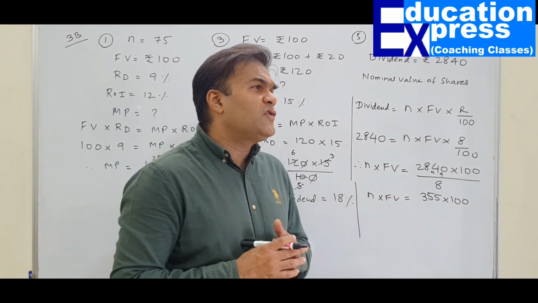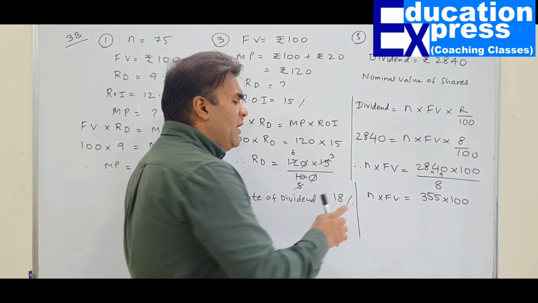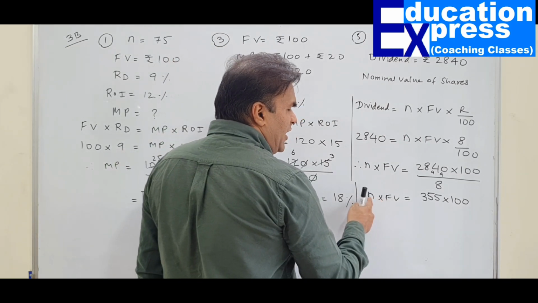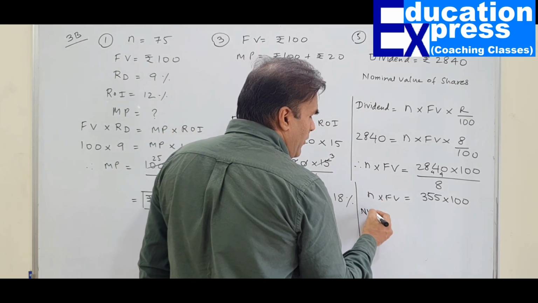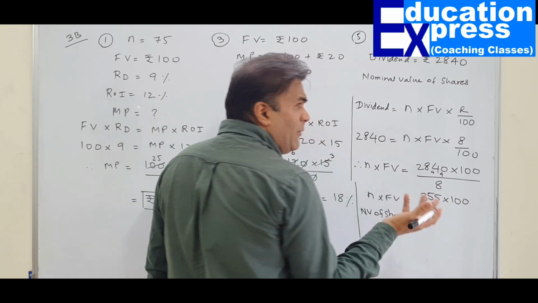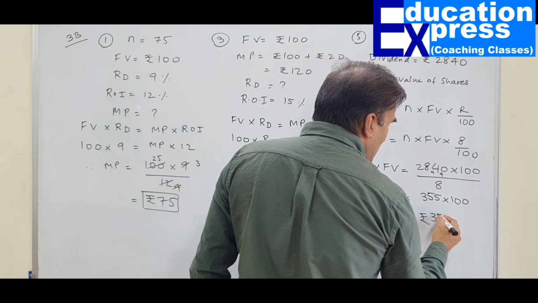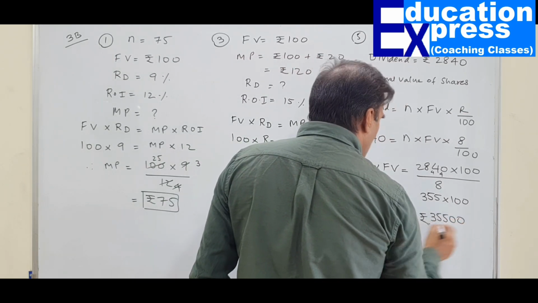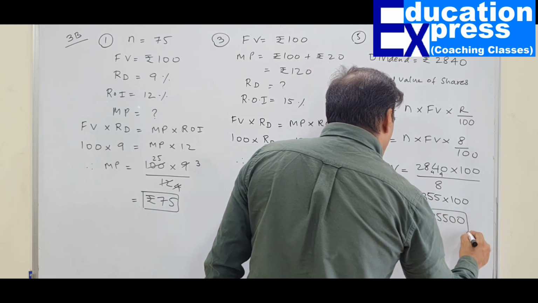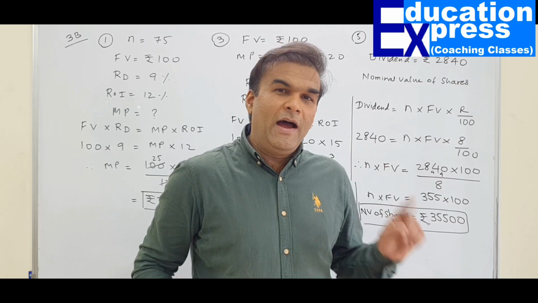N means number of shares, and face value means face value of a share. When I multiply face value with number of shares, what I get is the nominal value of shares. We don't know how many shares, but that is going to be 35500. This is the nominal value of all the shares held by Mr.